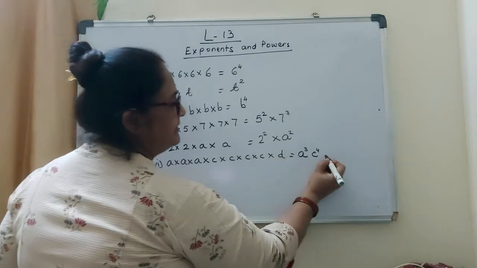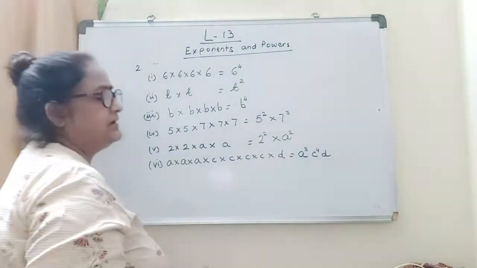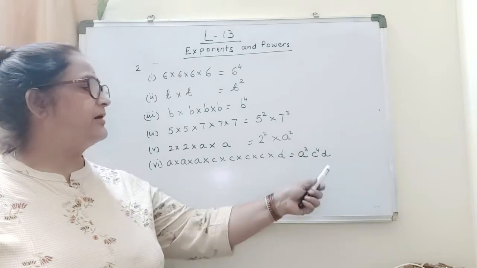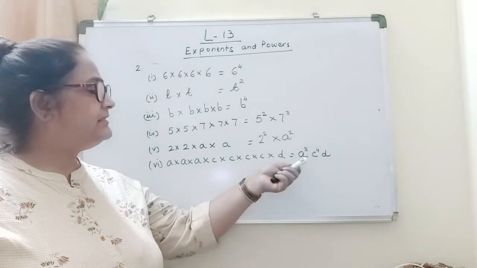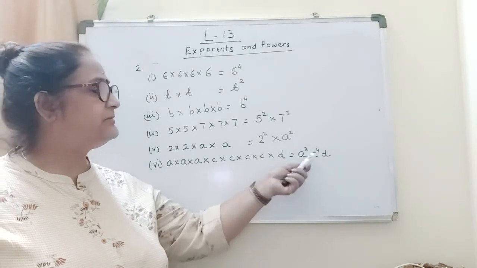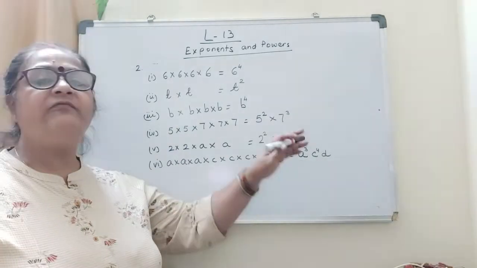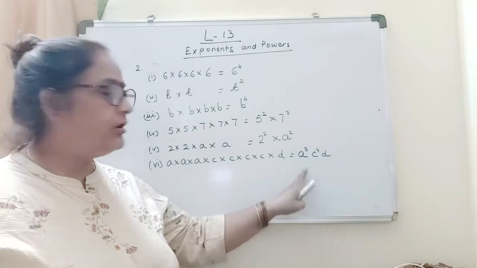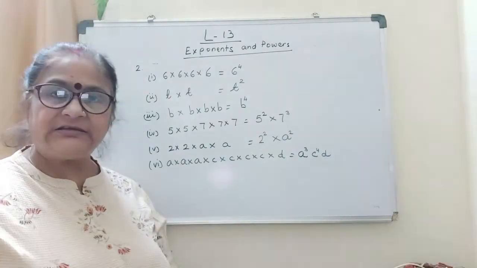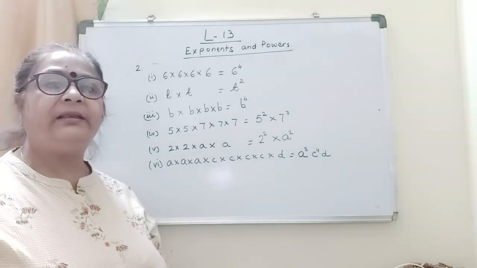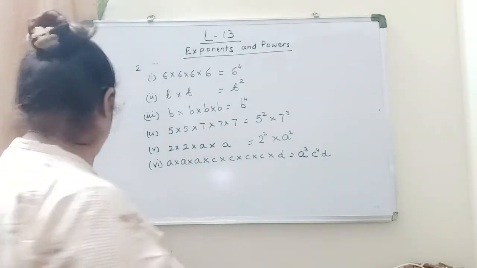And D is coming only once. So the answer will be A cubed C raised to the power of 4 D. Now in this case we are not putting the multiplication sign in between because they are all variables. If they are all variables, we can write it together with the powers and without the multiplication sign.